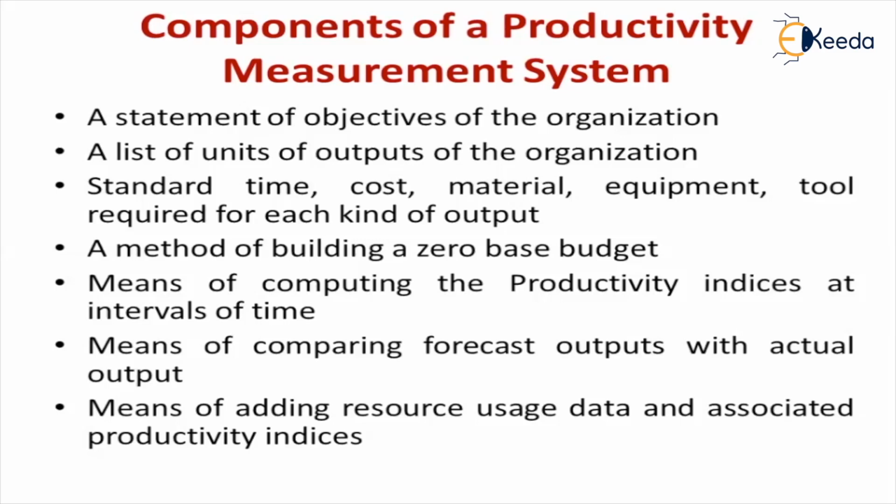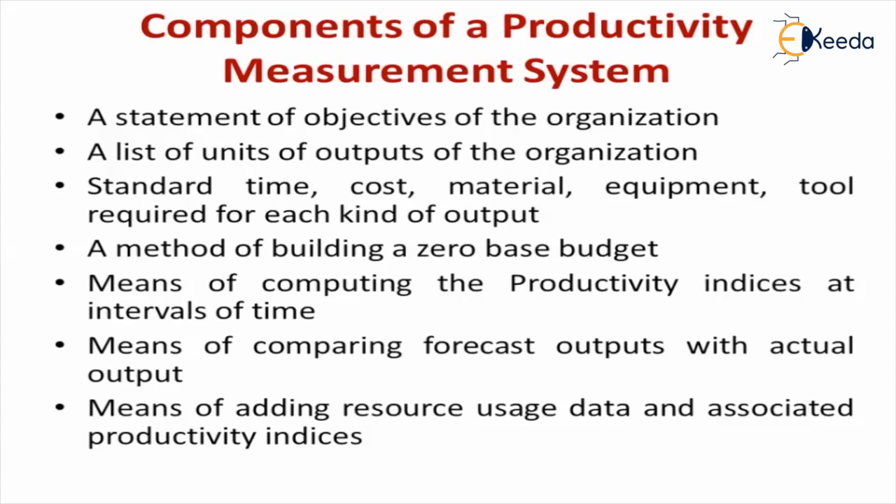Then third, standard cost, time, material, equipment, tool required for each kind of output. To get my output, is there a standard procedure or not? A method of building a zero base budget. It means the budget that I have should fulfill my requirements currently.